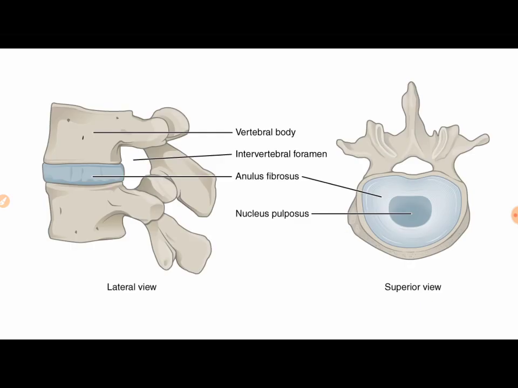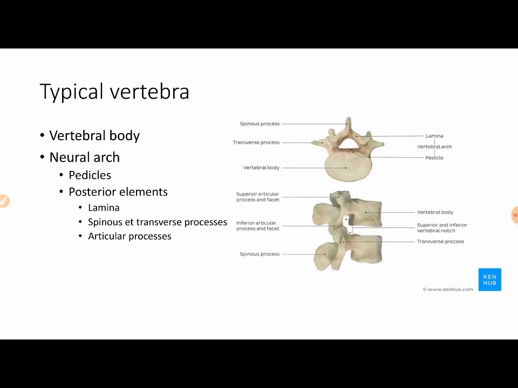So the normal mobile segment, or the functional unit of a vertebrae, is composed of 2 adjacent vertebrae and 1 intervertebral disc. So what are the parts of a typical vertebra? So the 2 parts are divided to anterior and posterior.